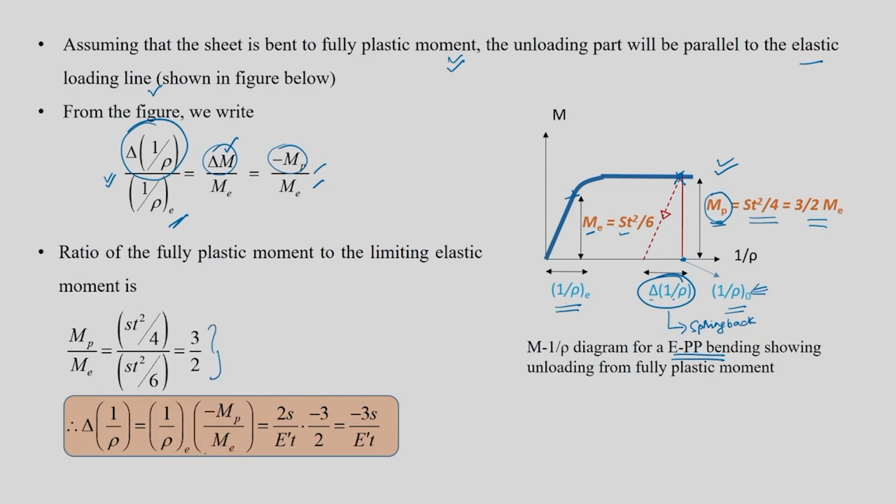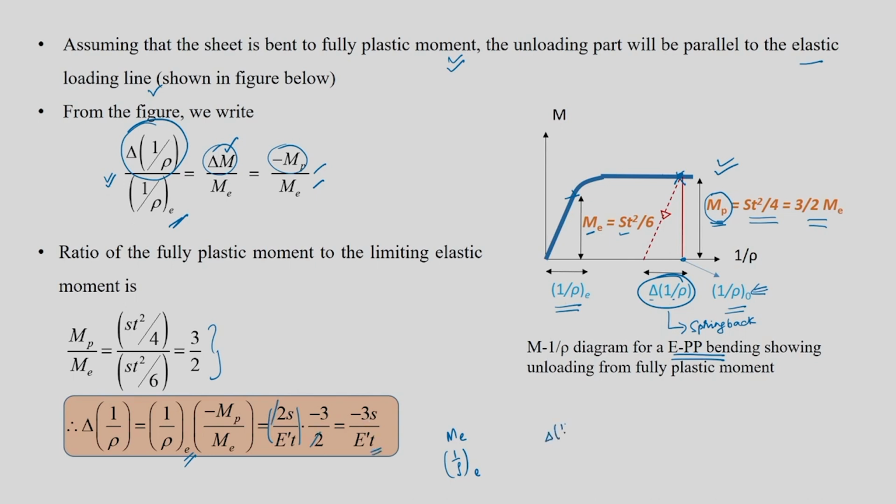which is nothing but 1 by rho e, we already derived this, 2S by E dash t. 1 by rho is a limiting case, no? Limiting case for your curvature. When we derived Me, we also derived 1 by rho e, which is nothing but 2S by E dash t into minus 3 by 2 will give me, 2 will be cancelled, minus 3S by E dash t, which is nothing but my del 1 by rho.